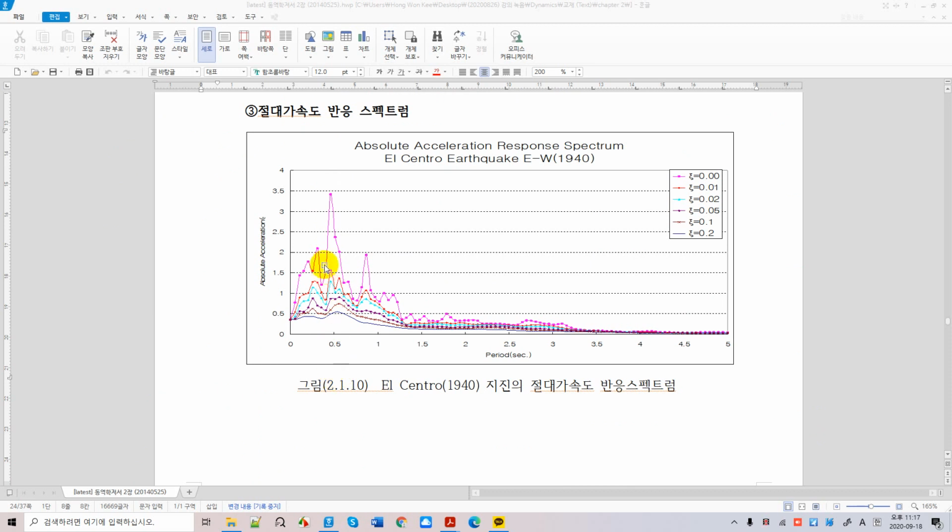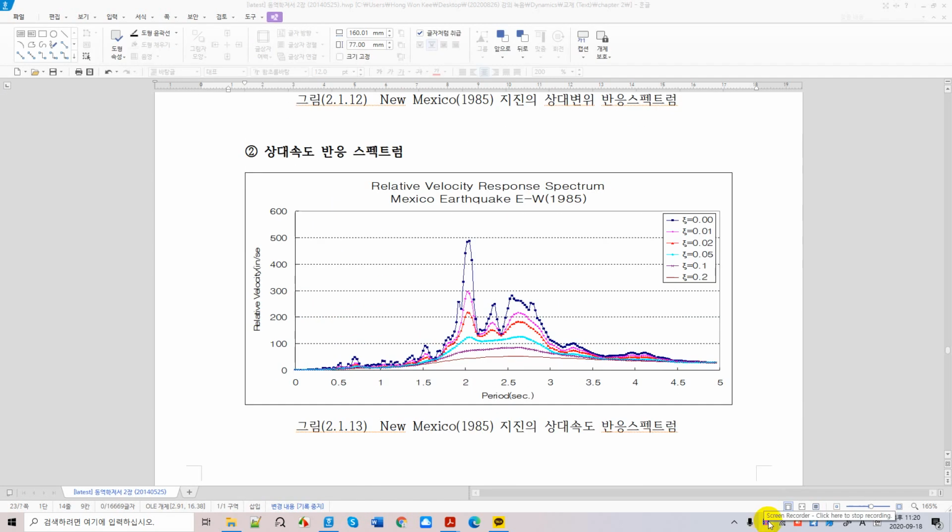I told you, the resonance plateau for 0%, 10%, 20%, whatever, is at 0.5 when you have stiff soil, like rock. It depends on what kind of soil you want to put the building on, right?